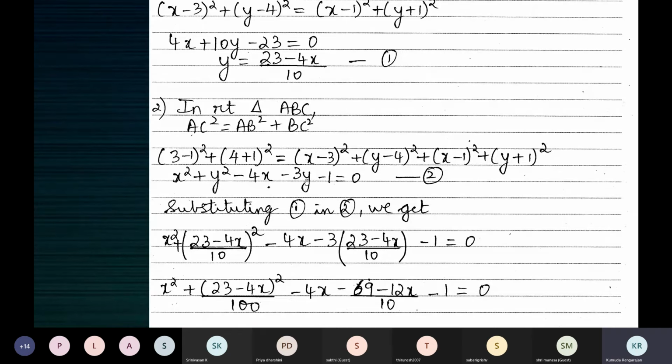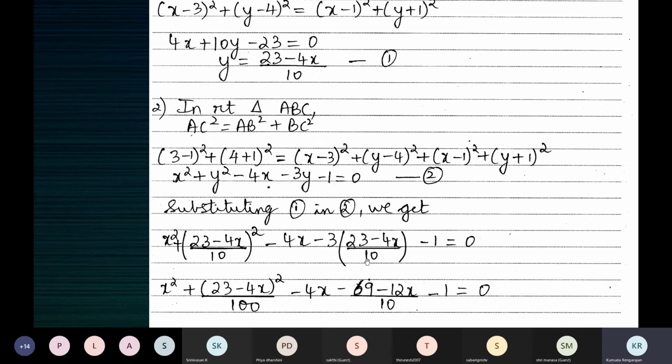Then you come back to the second equation. Wherever there is y, you must replace it with 23 minus 4x by 10. So there is y square here: 23 minus 4x by 10 the whole square. And there's 3y here, so 3 into 23 minus 4x by 10.